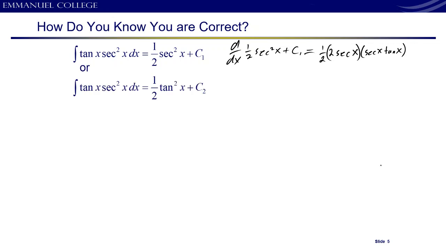But at the same time, tangent secant squared is also just 1/2 tangent squared x, because you do that derivative, 1/2 tangent squared x plus c2, that's going to be equal to 1/2 times 2 tangent of x, and then the derivative of tangent is secant squared.